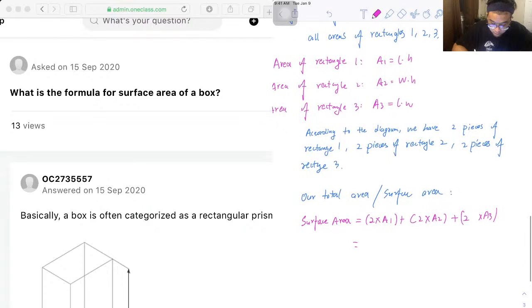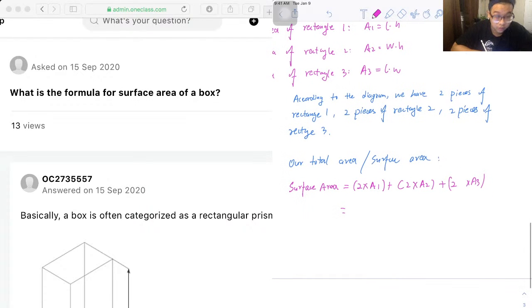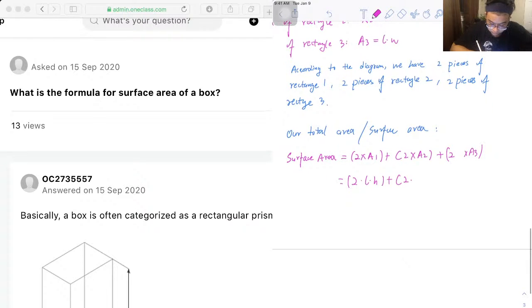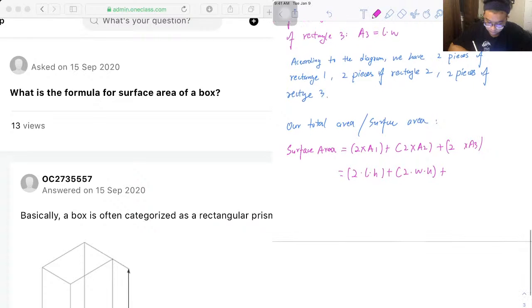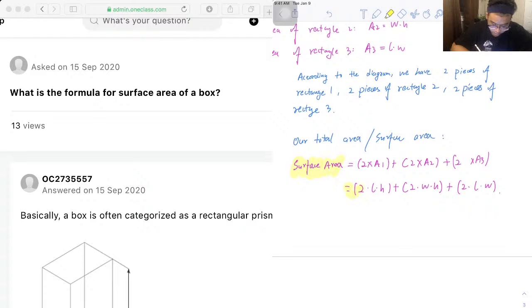And since we know A1 is equal to LH, so we have 2 times L times H plus 2 times W times H plus 2 times L times W. Yep. So here is our final answer representing the surface area of a box.